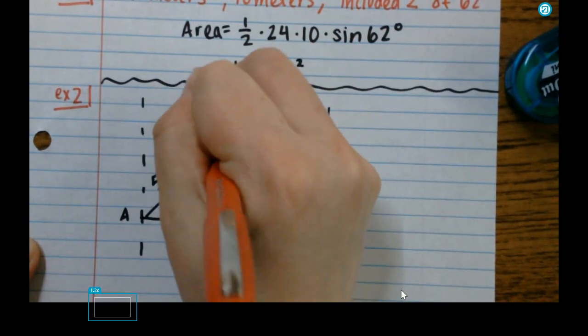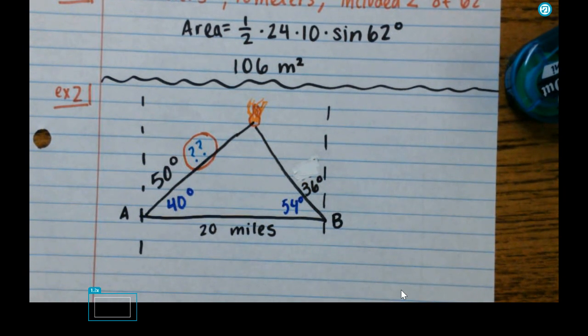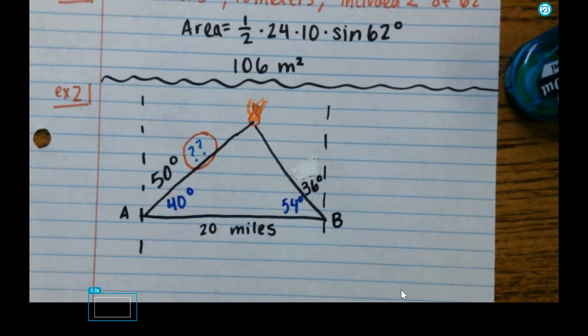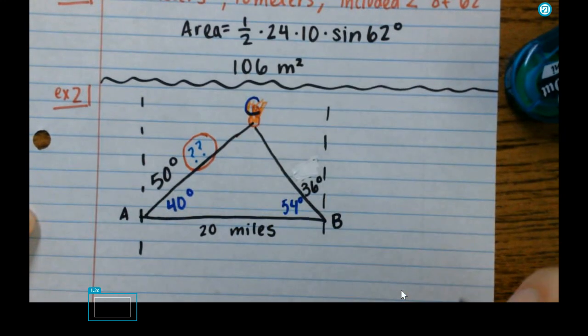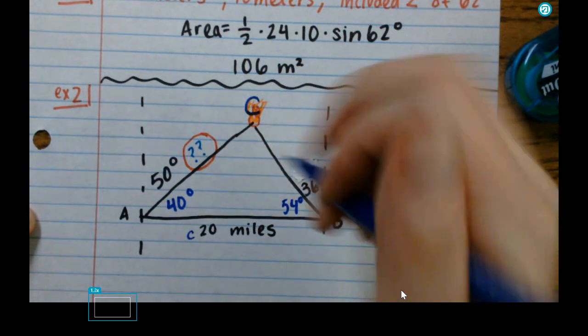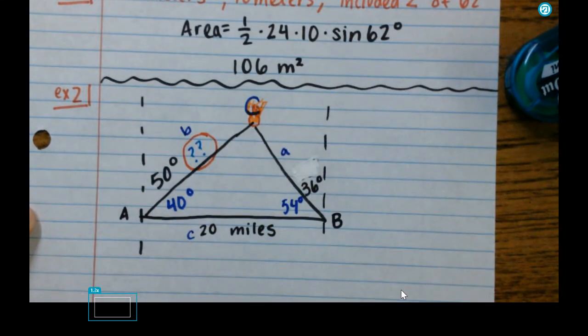And I'm trying to solve for this. Since I have the stations labeled A and B, I'm going to label the fire C. So that's going to make this little c, this little a, and this little b. So now I know I'm solving for little b.